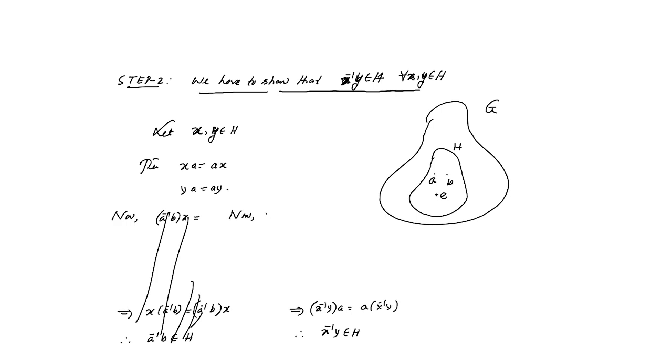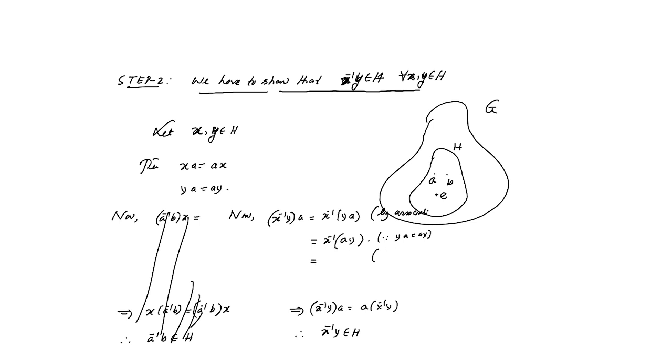So I will start from that condition, X inverse YA. We can write X inverse YA by associativity. YA means AY, so X inverse AY, since YA equals AY.